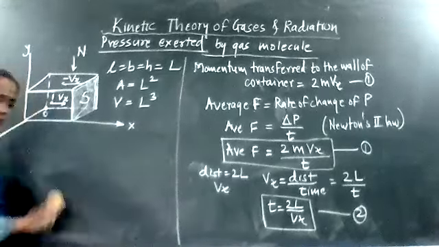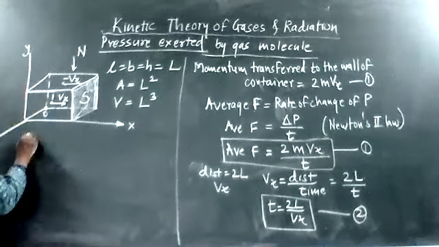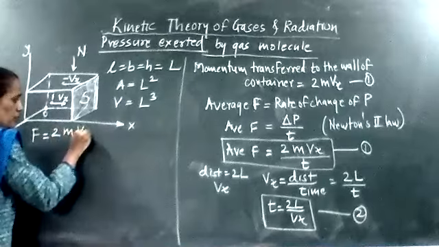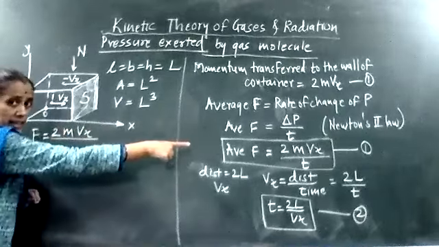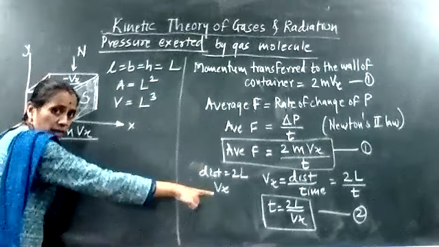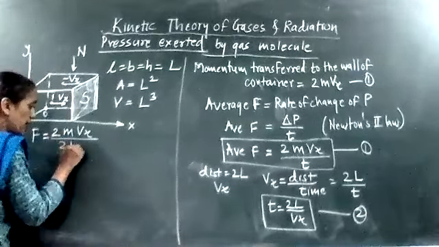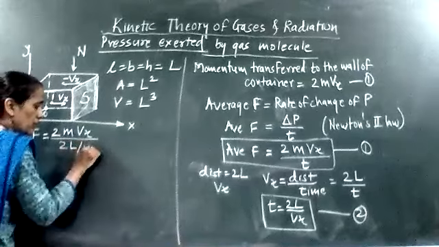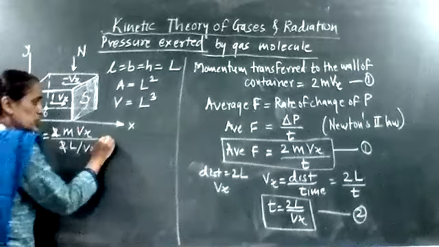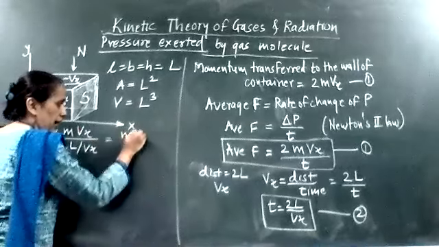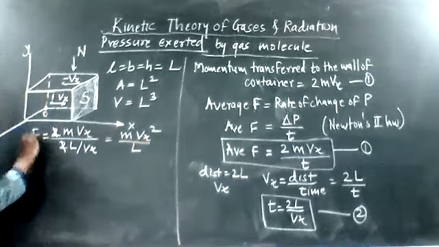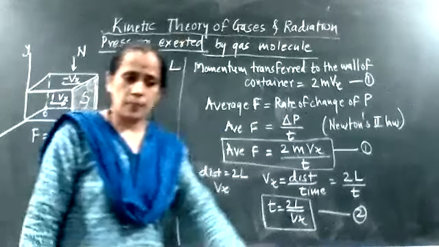Average force is equal to twice mvx upon t, equation number 1. Instead of t, I can put the value of t from equation number 2, which is twice L upon vx. The 2 factor will get cancelled, and vx will go to the numerator. So I am getting m vx square upon L as the average force.